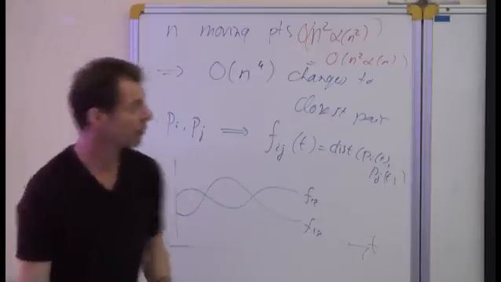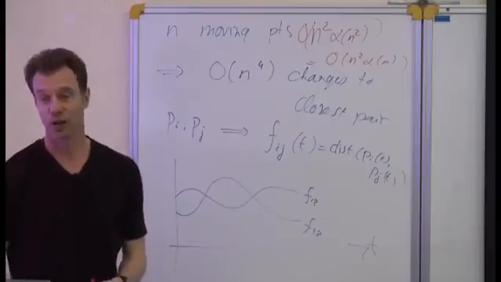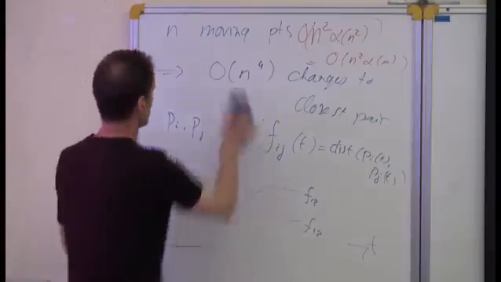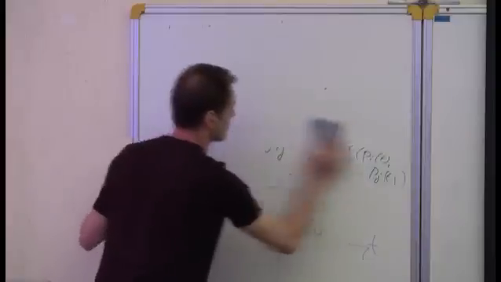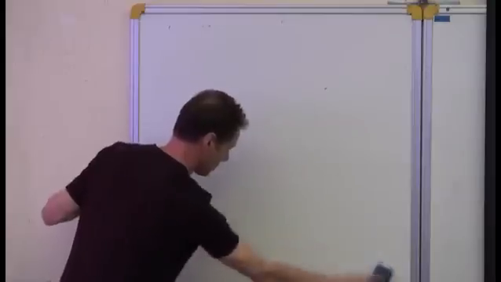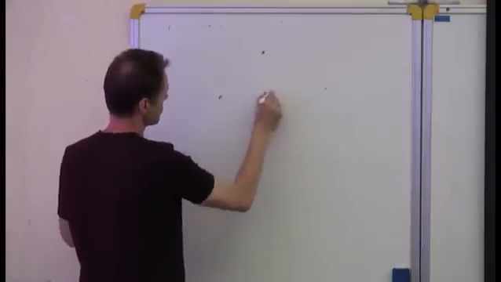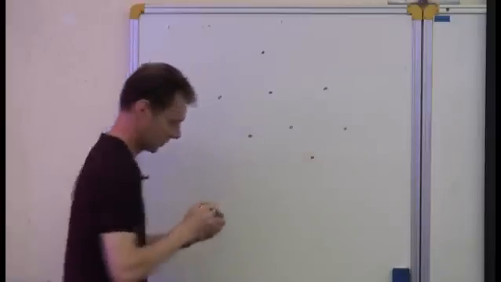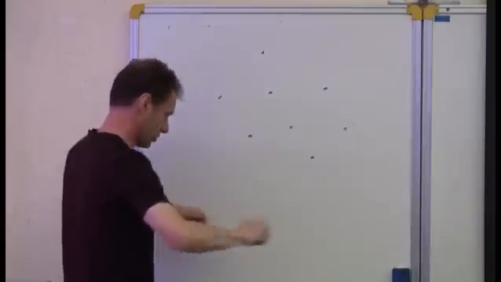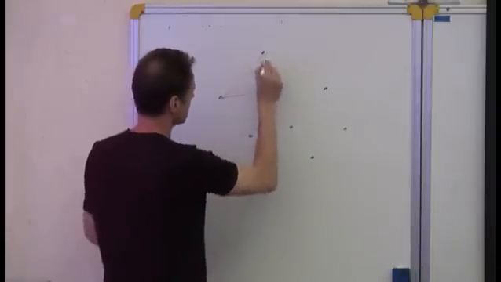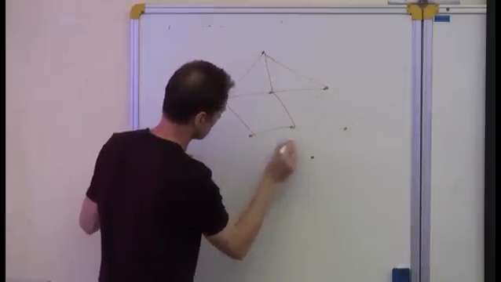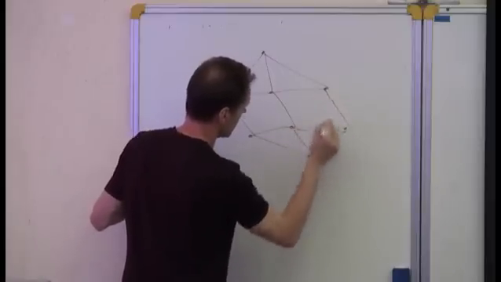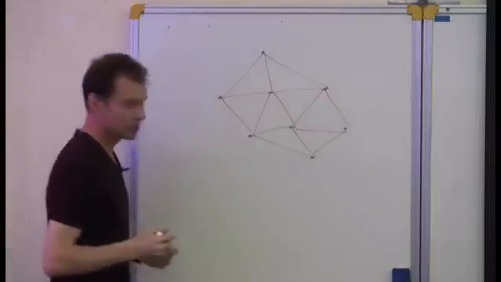Okay. Second one. How often does the Delaunay triangulation change? Okay, so how does it change? Well, what happens is that, let's say, I have a set of points. I have my Delaunay triangulation, maybe like this.